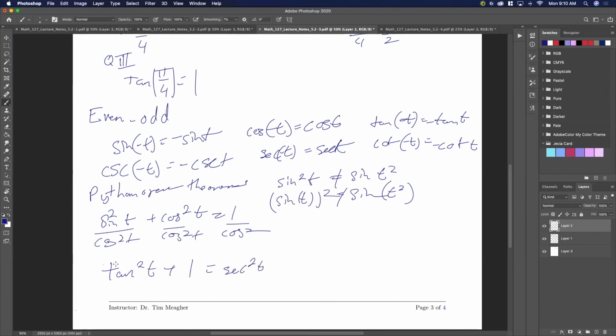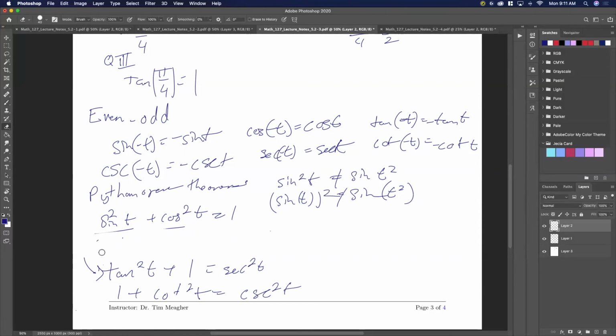I can do the same thing again with sine: divide everything by sine squared t, and you'll get 1 plus cotangent squared t equals cosecant squared t. So these are the 3 Pythagorean identities. How you get them, you just divide out from 1 and you can get the other 2.